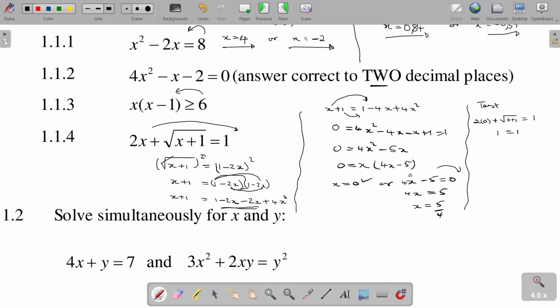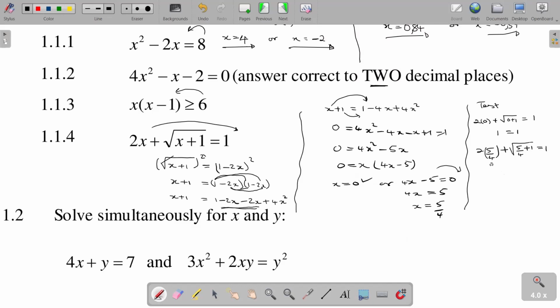Let's try again. When we put 5 over 4, it means here we are going to have 2 times 5 over 4 plus the square root of 5 over 4 plus 1 equal to 1.